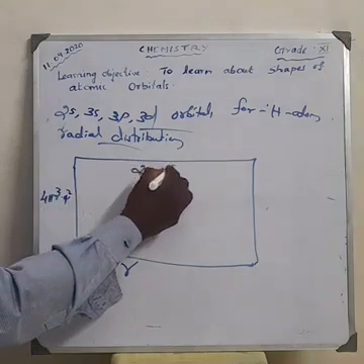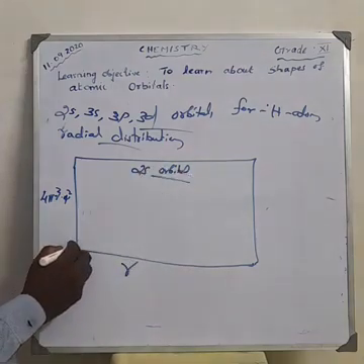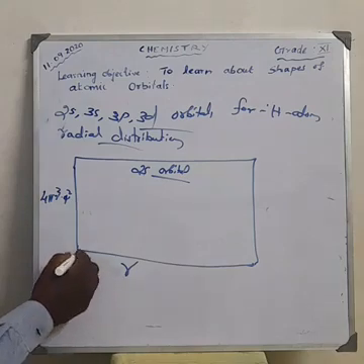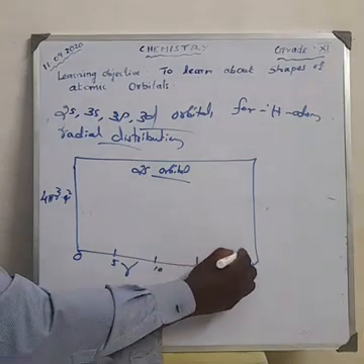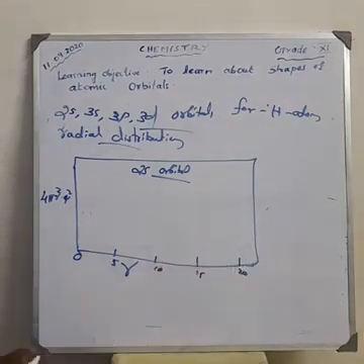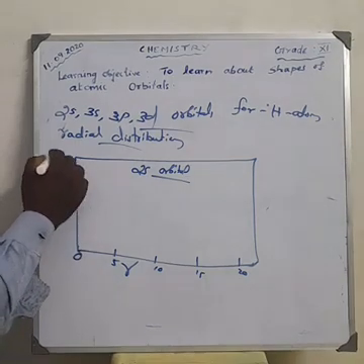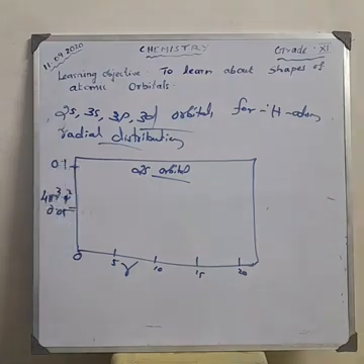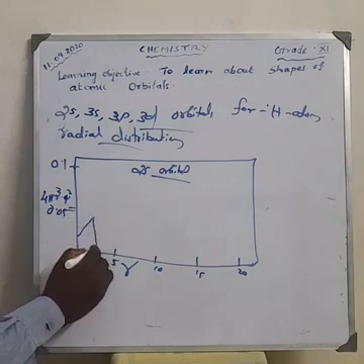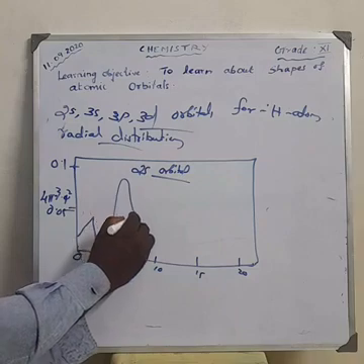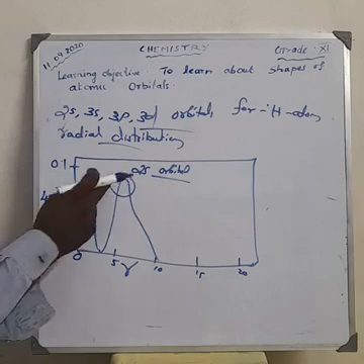We start here, giving the values 0, 5, 10, 15, 20, and also 0.05, 0.1. The first slope starts here. This is the maximum probability of the electron.